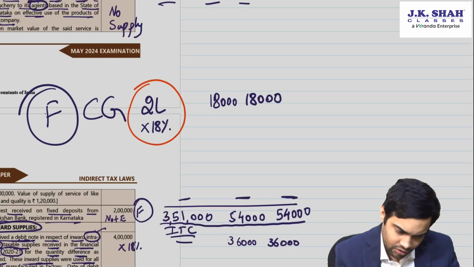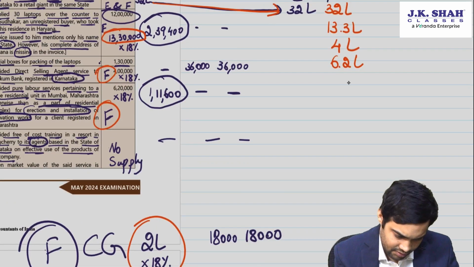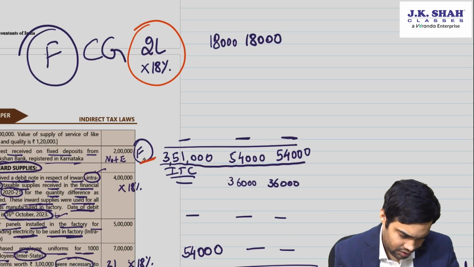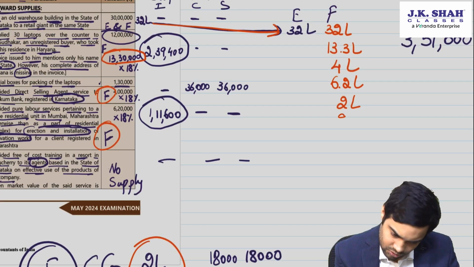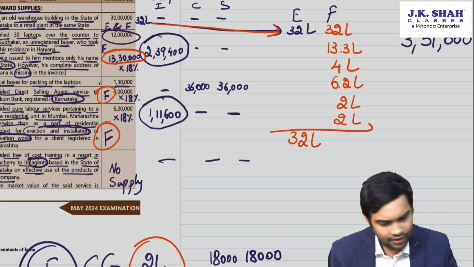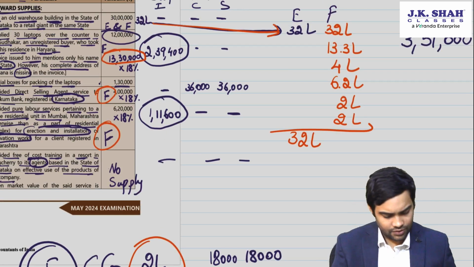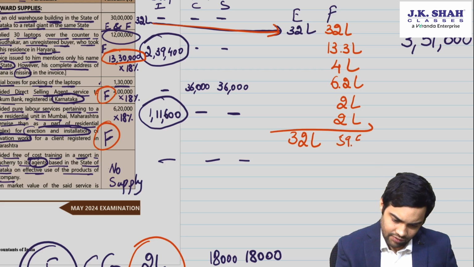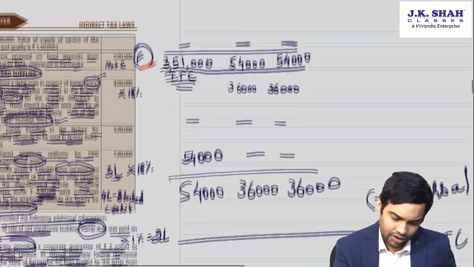This 2 lakh corporate guarantee will come only in F. Then interest will also only come in F. So total of E is 32 lakh, and total of F is 32 plus 13.3 plus 4 plus 6.2 plus 4, that is 59.5 lakh. So E is 32 lakh, F is 59.5 lakh, and we got our E by F.